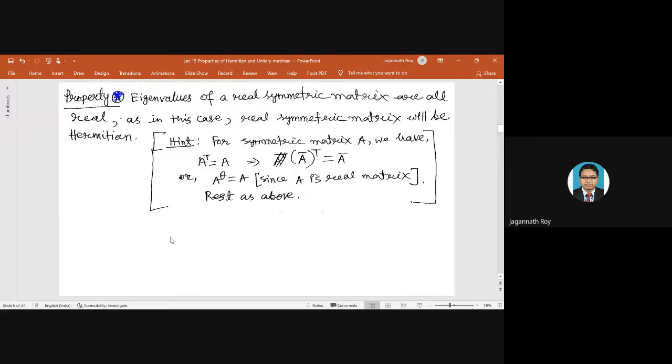What is a real symmetric matrix? It is a special case of a Hermitian matrix. So for a real symmetric matrix, the eigenvalues are bound to be real. So whenever you have a quadratic form Q equals X transpose AX, this matrix is going to be real symmetric for a quadratic form.